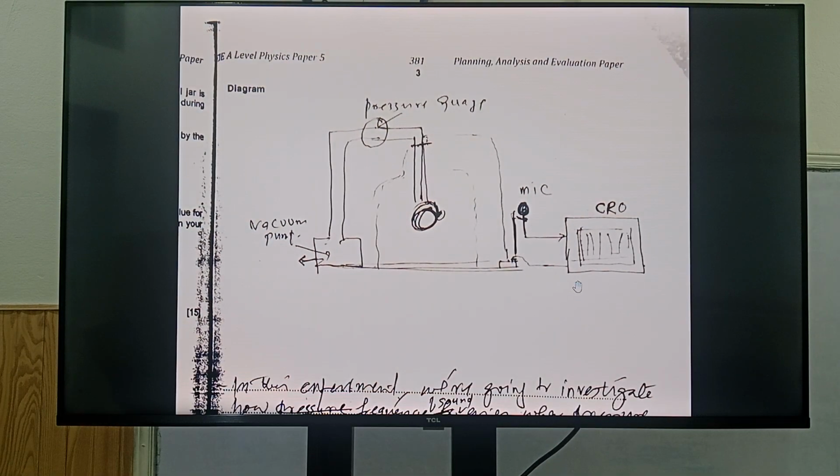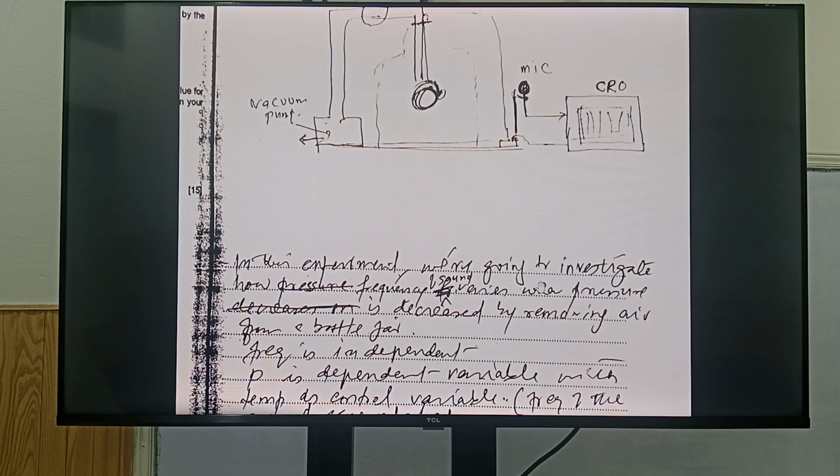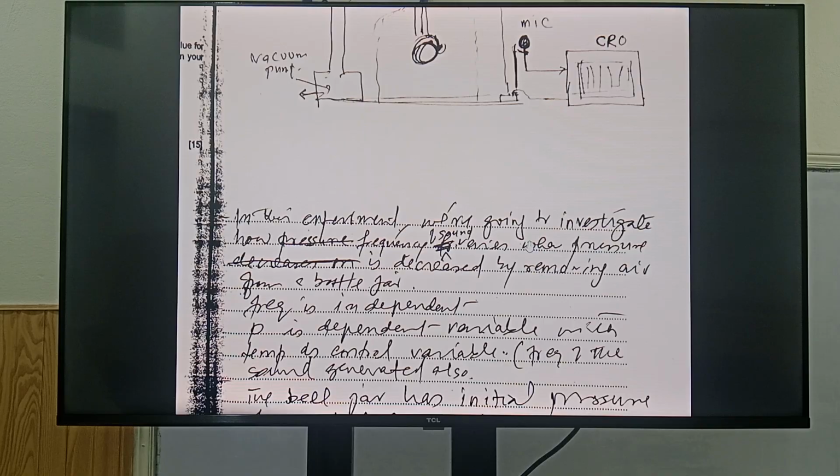Before you make this picture, the first step in recording your response to question 1 is always defining the problem. So what exactly we are doing in this question is written here. In this experiment, we are going to investigate how the frequency of sound varies when pressure is decreased by removing air from a bell jar.